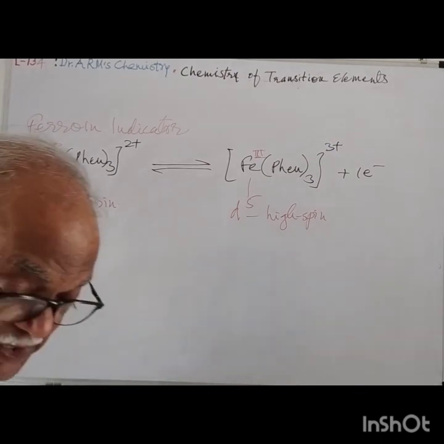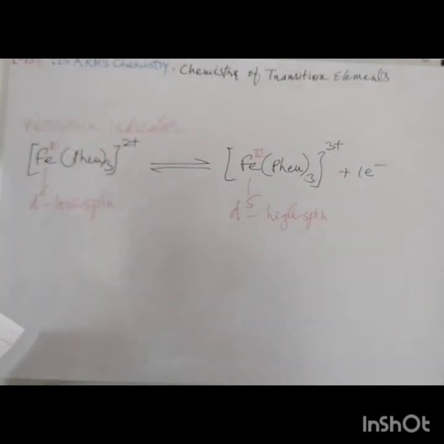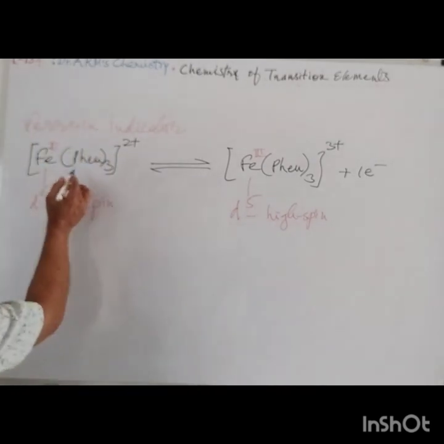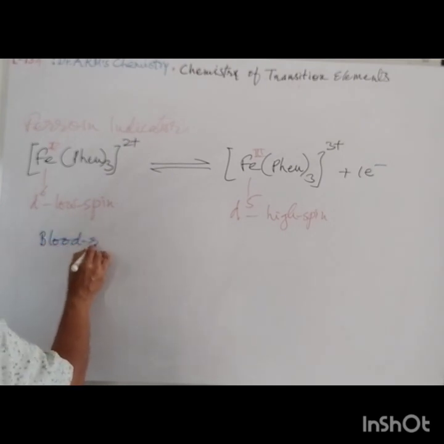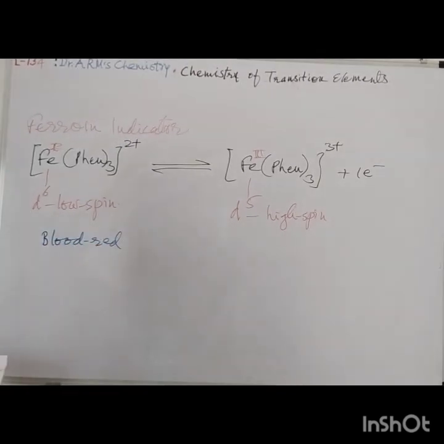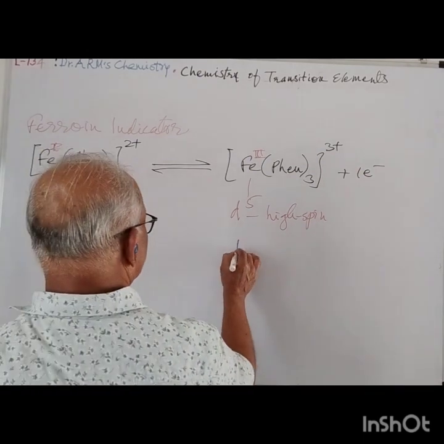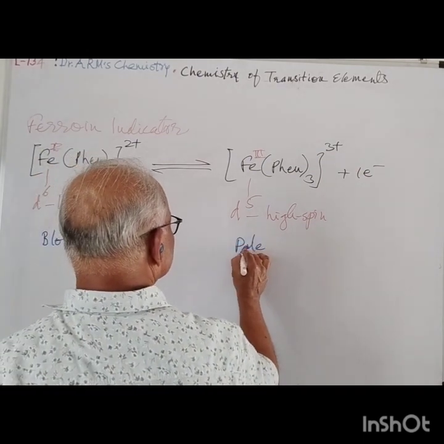Now the colors exhibited by these complexes. This species shows blood red color, whereas this species gives pale blue color.